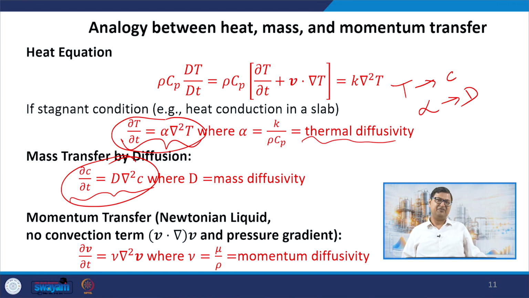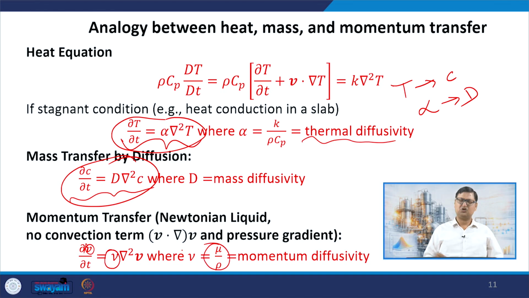In fact, the same also applies for momentum transfer with a small catch, that is now the variable is a vector, velocity. For heat and mass transfer, the variable is a scalar, temperature or concentration, but for momentum transfer the variable is the velocity, but I can still define a quantity nu, that is viscosity divided by density, that is called the momentum diffusivity, analogous to the mass and thermal diffusivity.